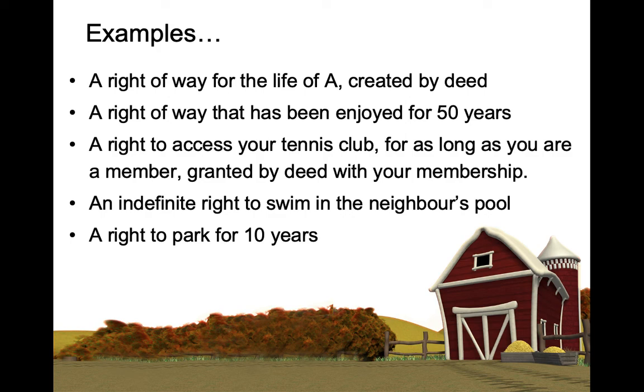So apparently after Regency that could be considered a legal easement, but it's not able to be legal in this scenario because it says for as long as you are a member. So that means it's only able to be equitable, so that deed wouldn't change it.